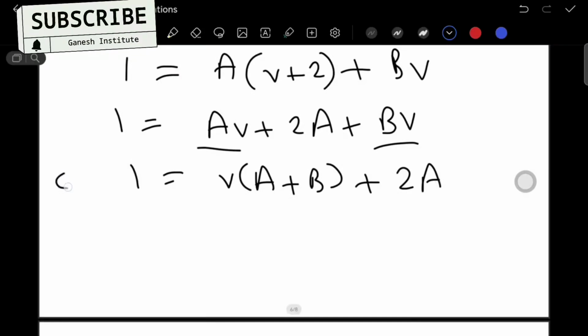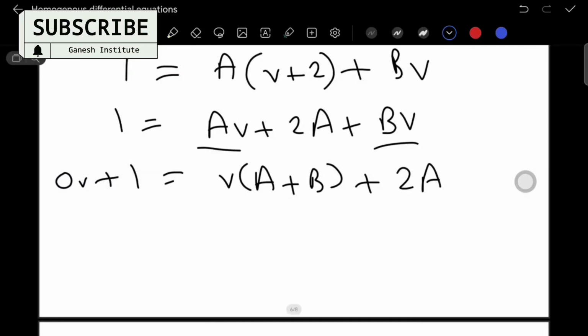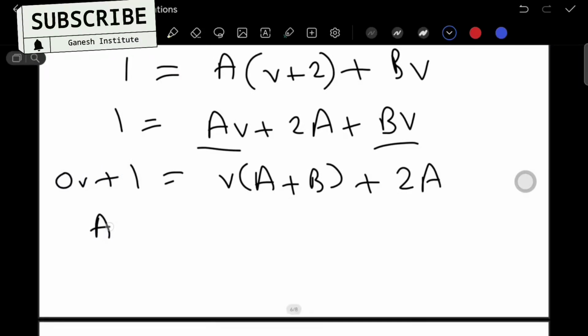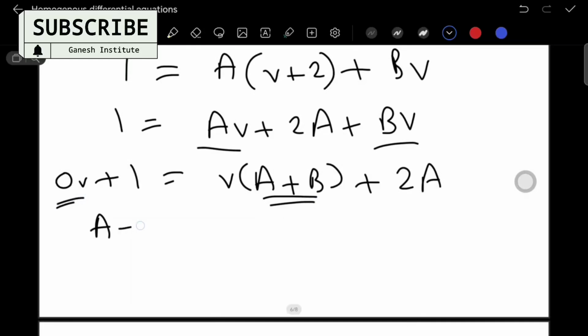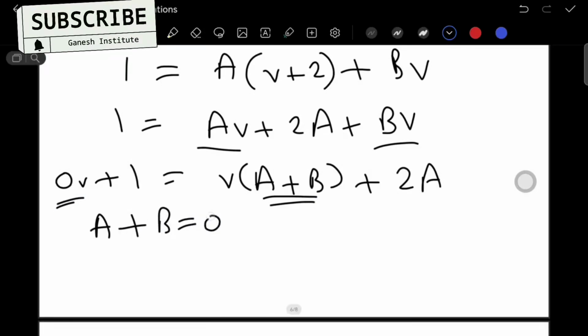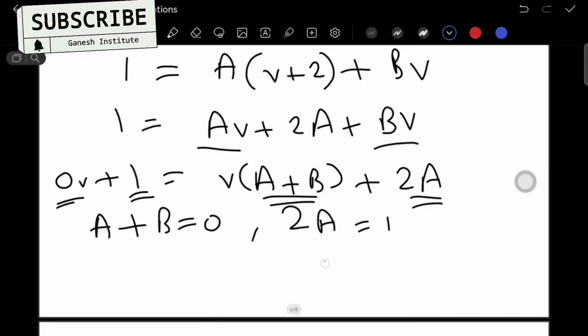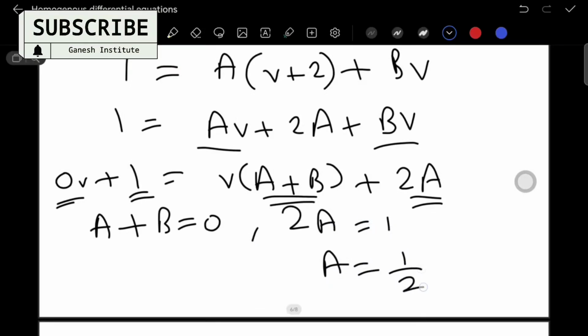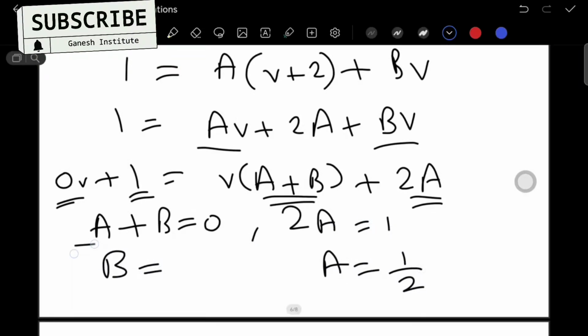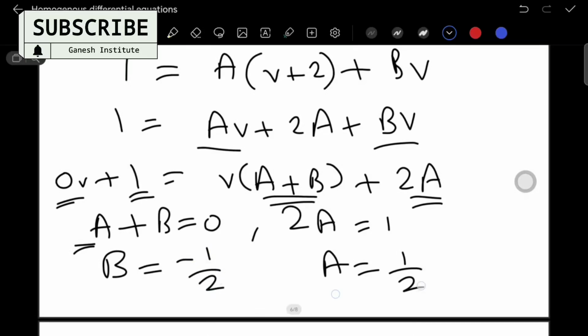Now on the left hand side, can you see coefficient of v is what? 0. So on comparing coefficients of v, a plus b is 0, and on comparing constant terms, 2a is 1. So a becomes 1 by 2, and if I substitute the value of a, b becomes minus 1 by 2.